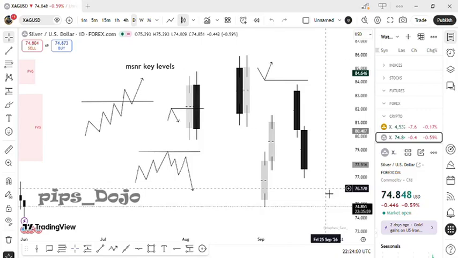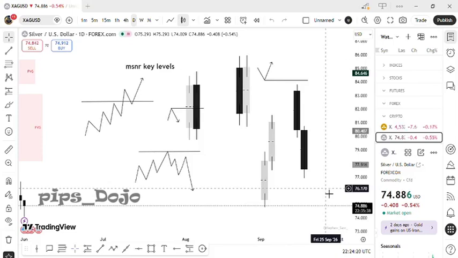This is also ultimately going to result to that, but then it is MSnR, meaning it has a different view to it. How you identify this makes it much simpler to identify such psychological levels, because anything like support and resistance in the first place means it's a psychological level.